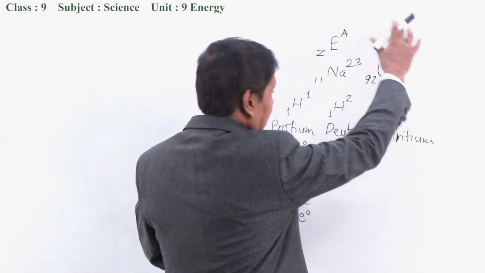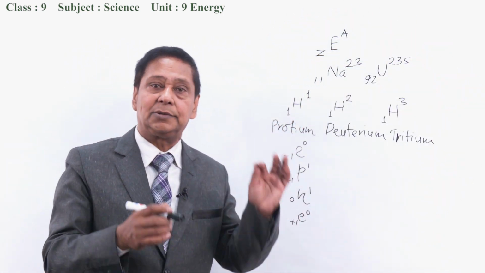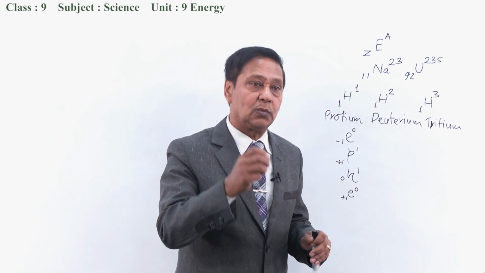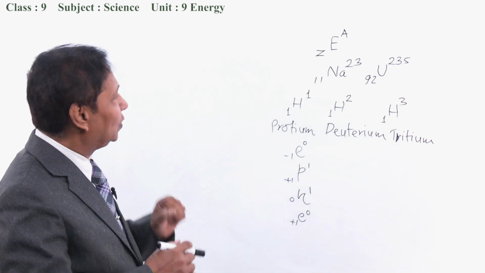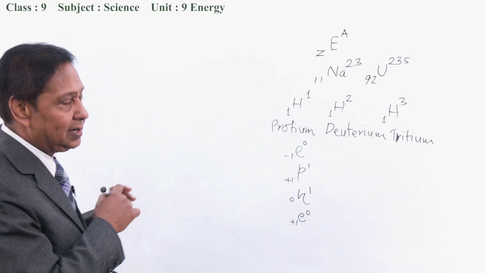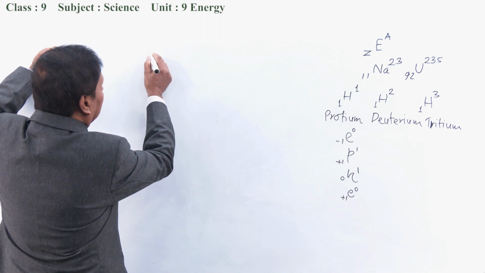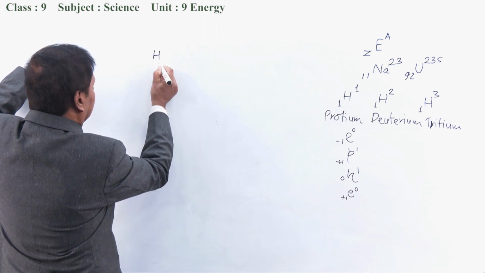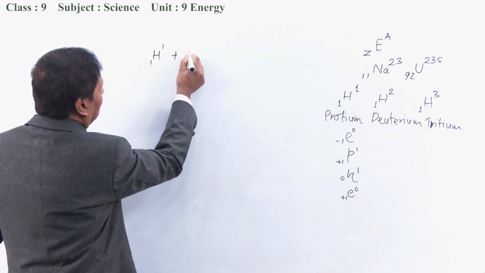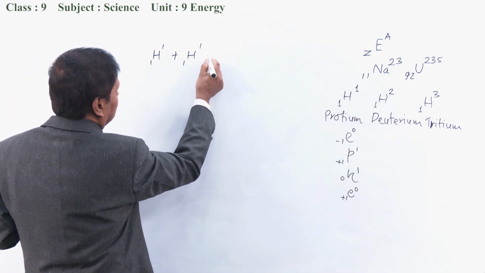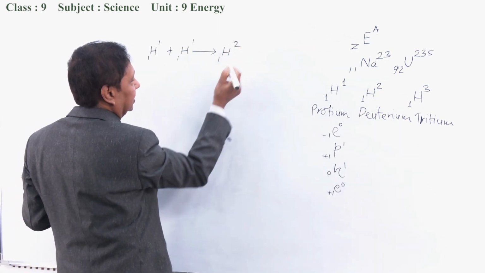Okay, after understanding all these symbols, we are now able to write the nuclear reaction which is constantly taking place in the sun. Let's talk about it. What is happening in the sun? First, protium, which is denoted by this symbol, combines with another protium to form deuterium, whose symbol is this.